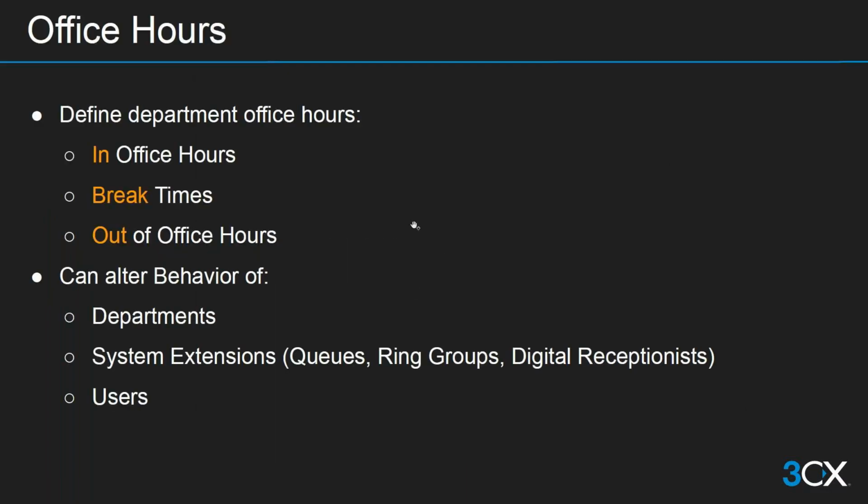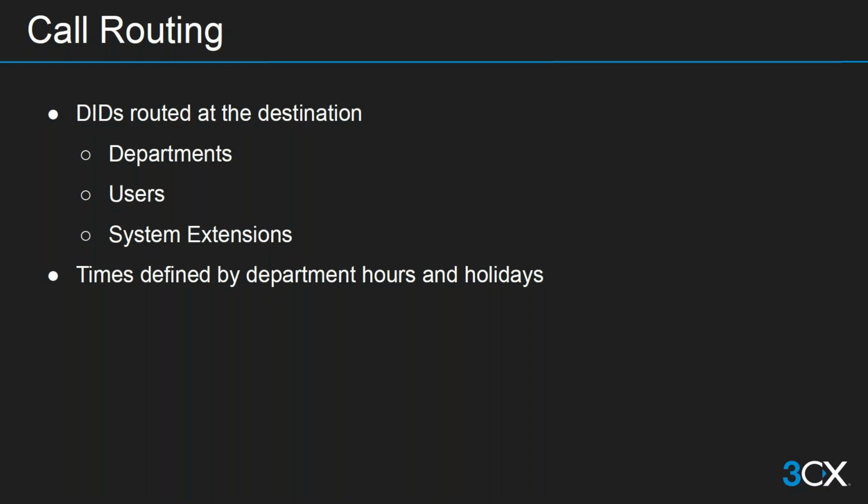Now, office hours define department office hours, in office hours, break times, out of office hours. It can alter behavior of departments, system extensions like queues, ring groups, digital receptionists, and users. It's routed at the destination on departments, users, system extensions, times defined by department hours and holidays.